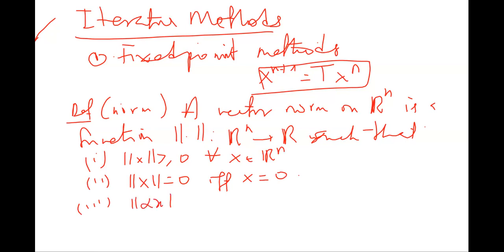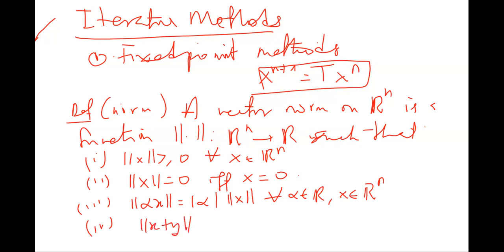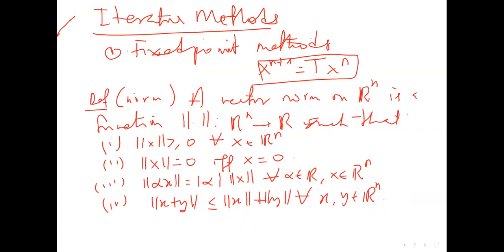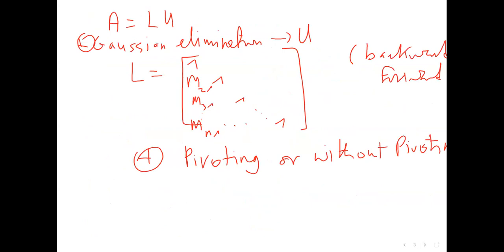Third, for a scalar alpha, the norm of alpha x is the absolute value of alpha times the norm of x. And the norm of x plus y is less than or equal to the norm of x plus the norm of y, for all x and y. So this is the definition of a norm.